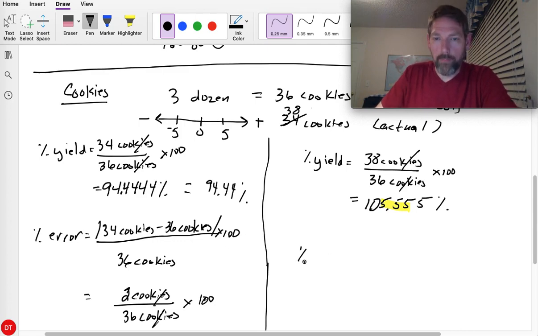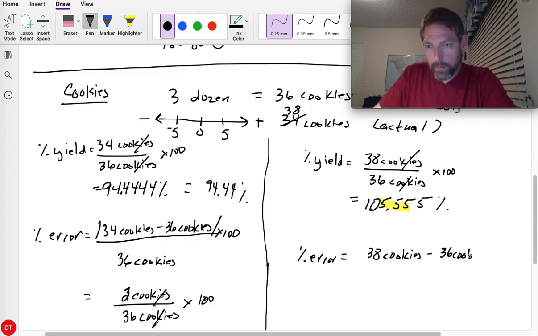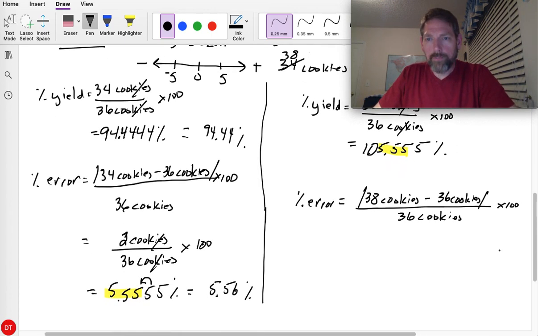So let's look at our error. Percent error. So we actually made 38 cookies minus what we expected, which was 36 cookies. Again, absolute value. Divided by 36 cookies times 100.